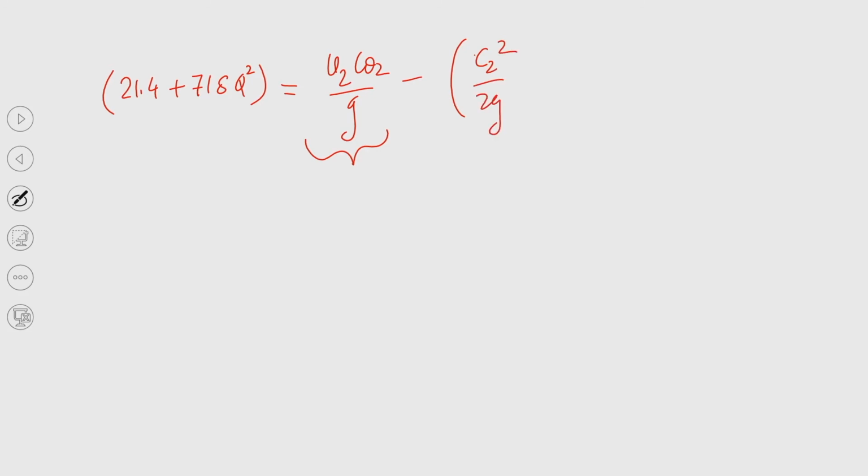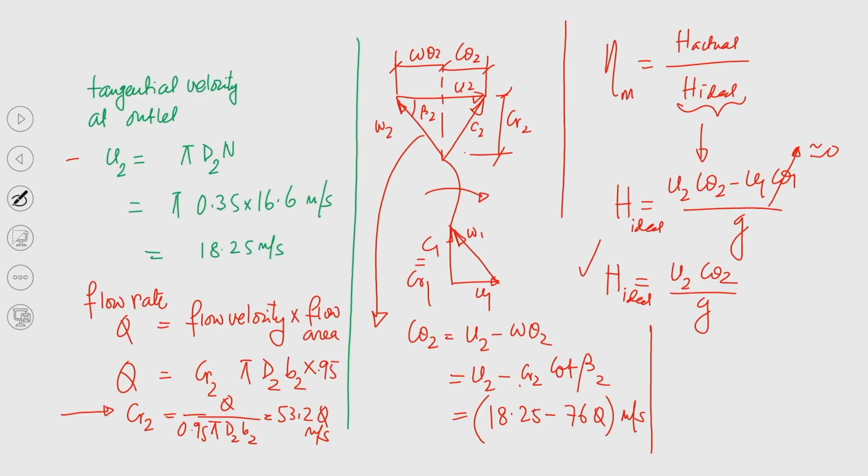Right. So, you can understand that this is the ideal head that we can get, but it should always be less than that by this quantity. This quantity is nothing but the loss of energy, the leaving loss, which is what we discussed in the context of two different types of blade, if we can recall.